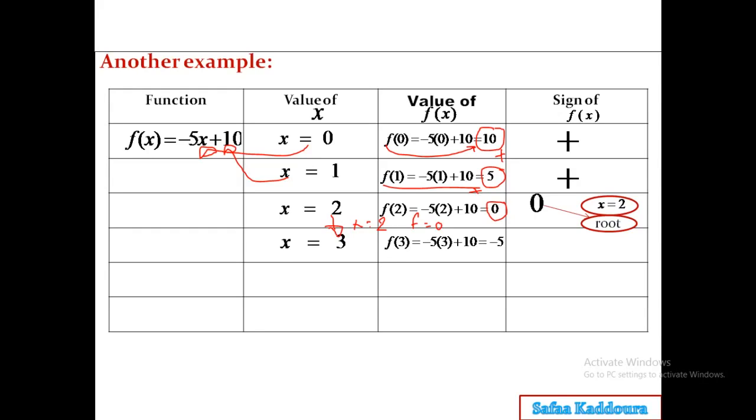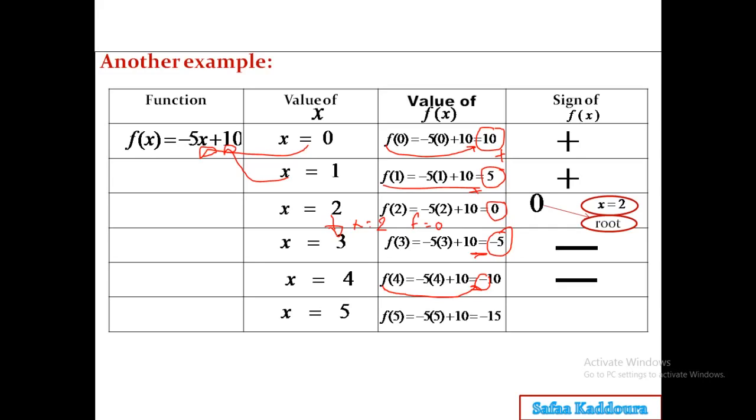For x equal 3, see the sign changed. f of 3 equals minus 5, which is negative. If we take now x equals 4, f of 4 equals minus 10. I will read it: at x equal 4, the sign of f of x is negative.